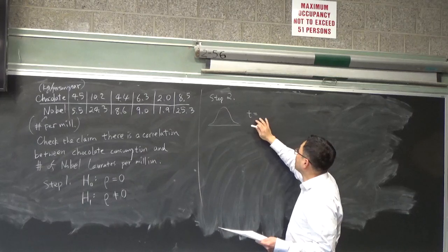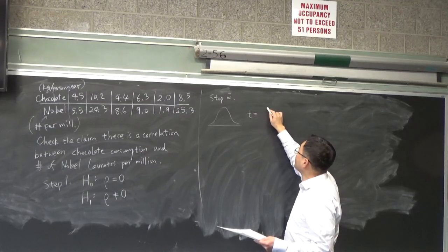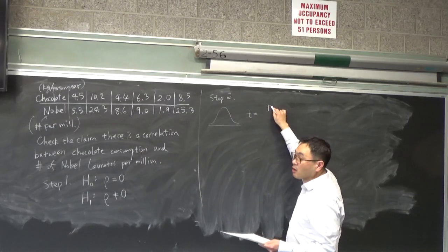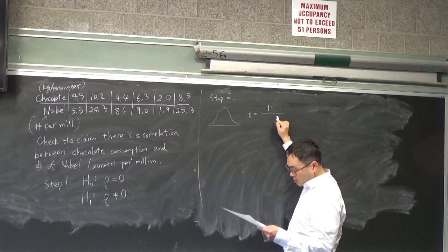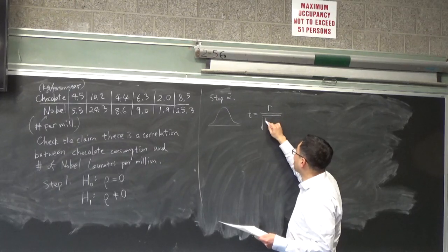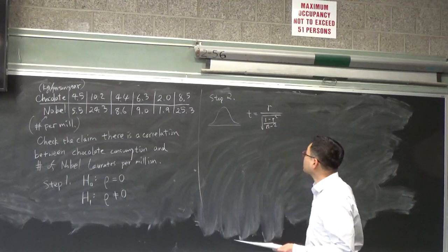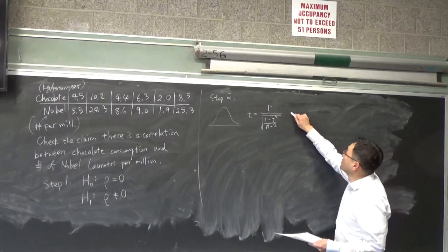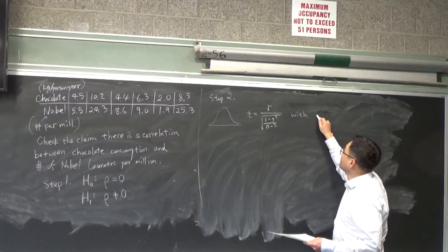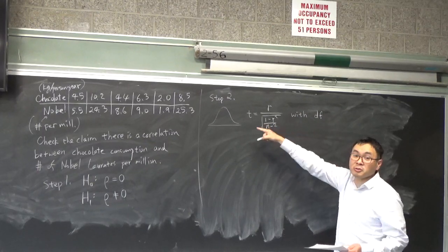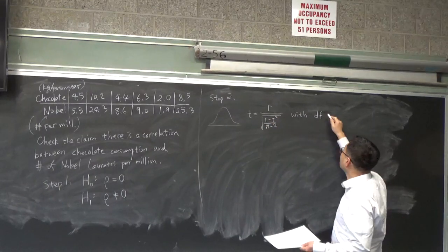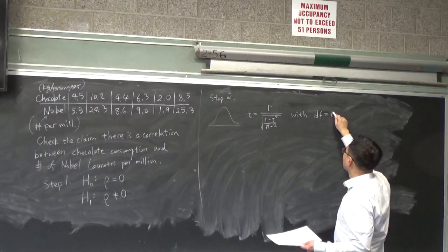He proved that if you let t equal the correlation coefficient r computed from the sample, divided by the square root of (1 minus r squared) over (n minus 2), with degrees of freedom n minus 2. The t distribution always requires degrees of freedom, right?